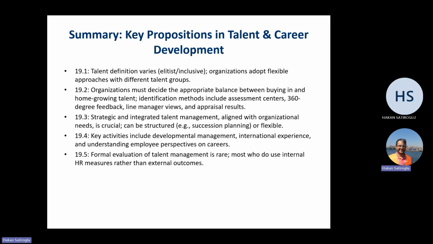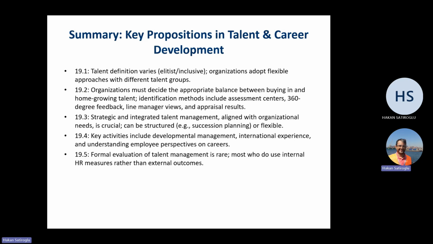Identification methods include assessment centers, 360-degree feedback, line manager views, and appraisal results compared with previous ones as well. Strategic and integrated talent management aligned with organizational needs is crucial, and can be structured or flexible. Key activities include developmental management, international experience, and understanding employee perspectives on careers, which is mentioned in the textbook as well.